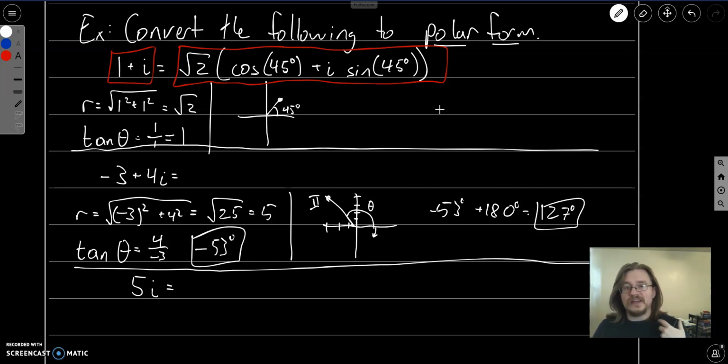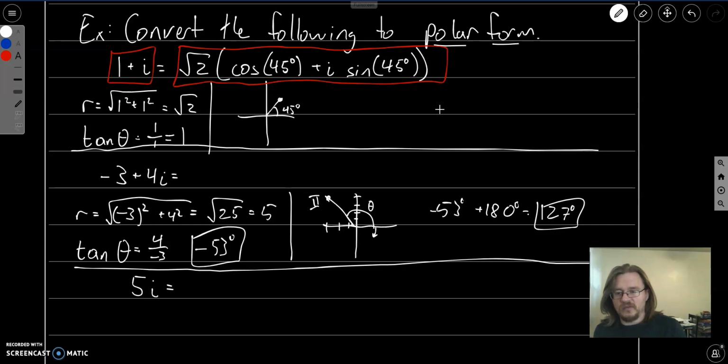So how do we take this tangent and put it back up there? Well, we know that the tangent repeats itself every 180 degrees. So by adding 180 degrees to it, we get an angle with the same value for the tangent. So 4/3, -53 degrees and 127 degrees both have the same tangent value. So we want 127 because that's in quadrant 2, between 90 degrees and 180 degrees.